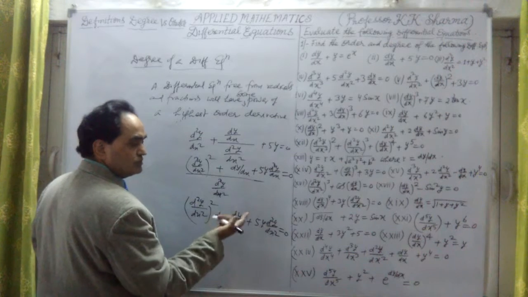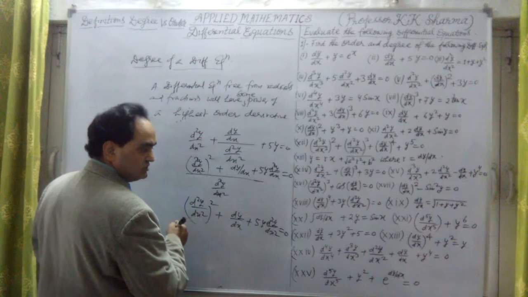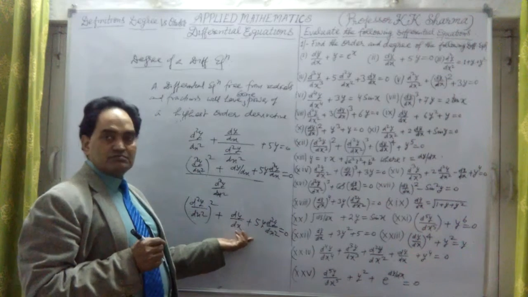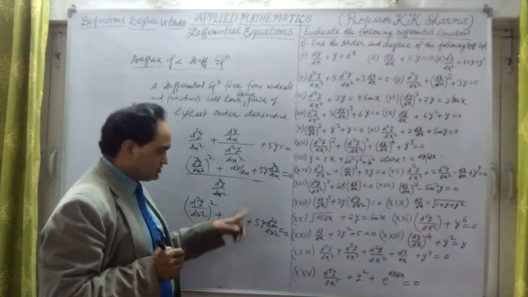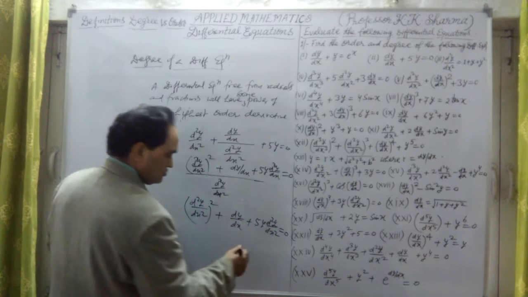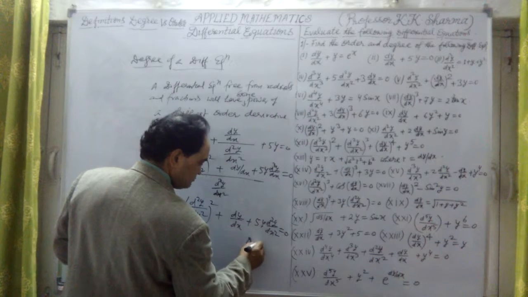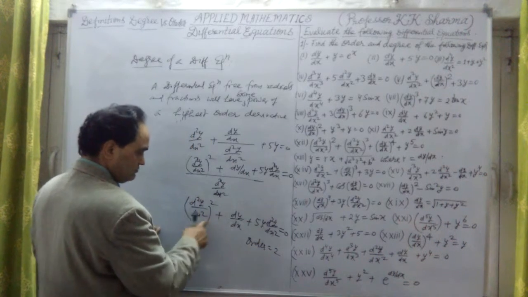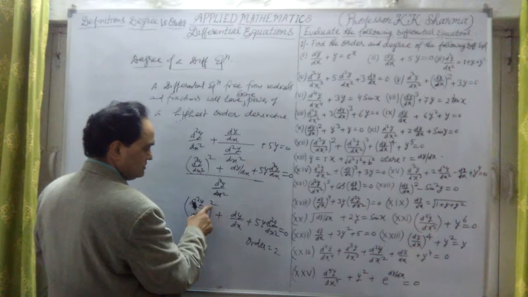Now we have to find out the degree of this equation. First we search for the highest order of the derivatives forming this differential equation. The highest order is 2, undoubtedly. The degree is the power of this highest order derivative, this one.